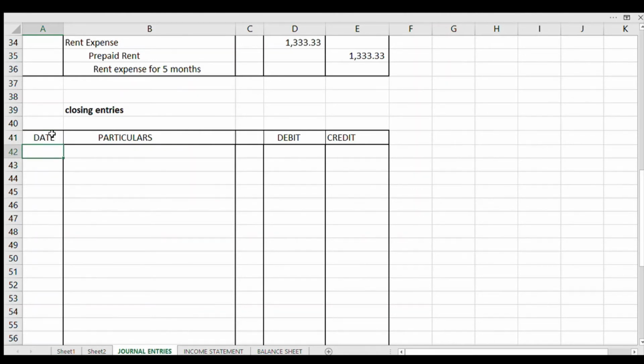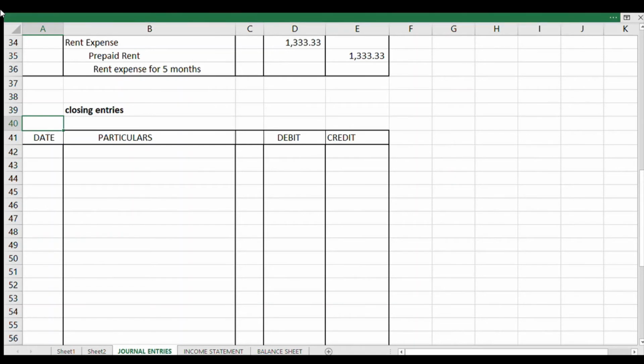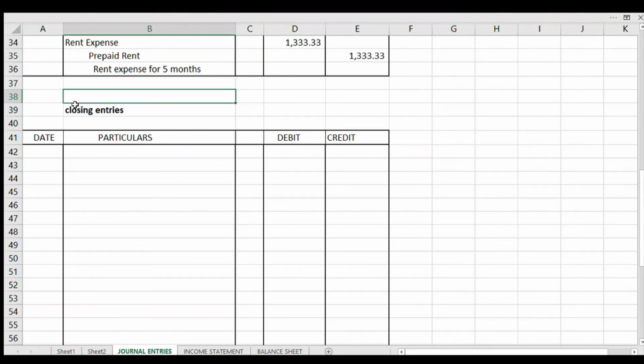In the closing entries, all we have to do is just to pick up all the accounts, all the nominal accounts for that matter, so we can close them to the income and expense summary.